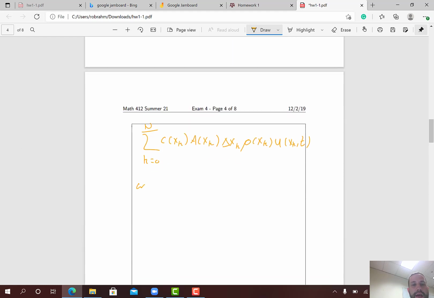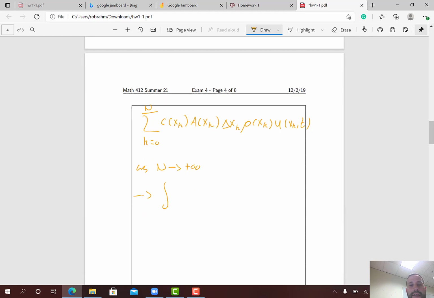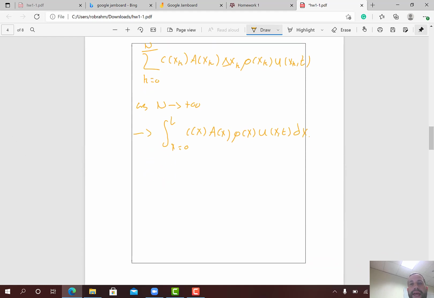And then as n goes to infinity, this sum goes to the integral, from x equals 0 to L, of c of x, A of x, rho of x, u of x, t dx.